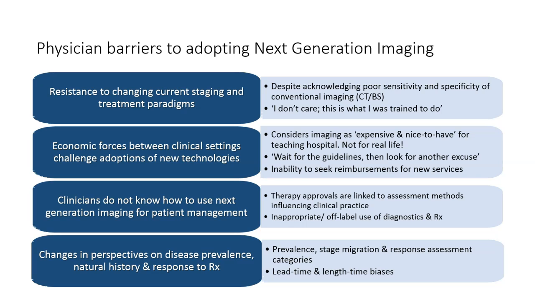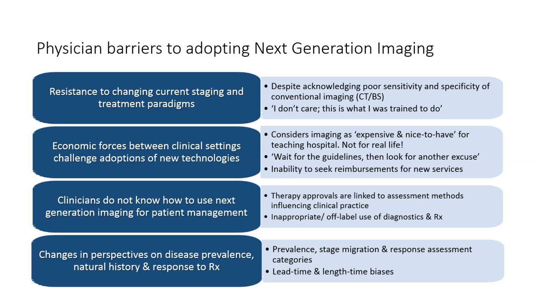And there are multiple physician barriers that have now emerged as we've started introducing next generation imaging. There is a resistance amongst clinical colleagues to changing the staging paradigm despite acknowledging poor sensitivity and specificity of conventional imaging. Remember that there are economic forces that stop you changing the paradigm. Next generation imaging is said to be nice to have, good for teaching hospitals and the big cities.